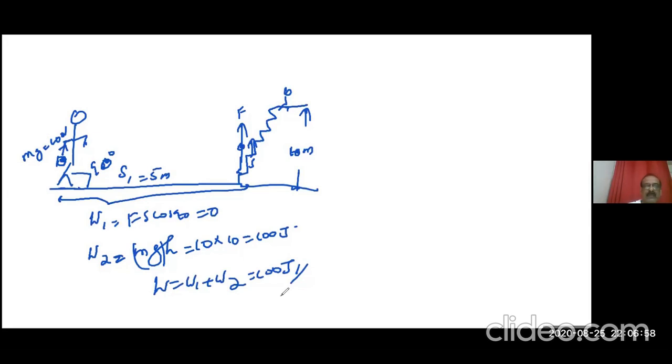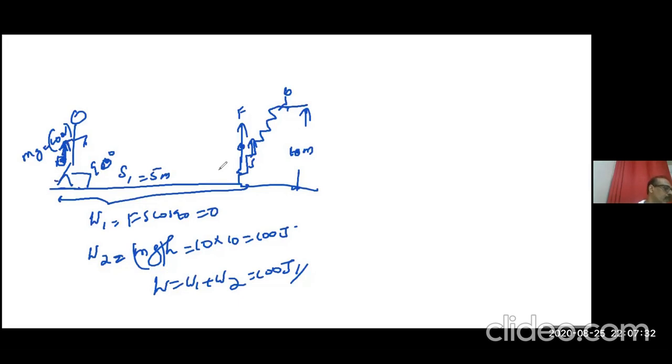Sir, what is the weight here, mass? Mass is not given, weight is given as 10 Newton. To hold this object, 10 Newton, so mass is 1 kilogram. Sir, but in this question, we don't have to calculate the work done by frictional force, right? No need. They ask work done by him while going this. So the force he is exerting, see, he is exerting force upward, but moving horizontally.